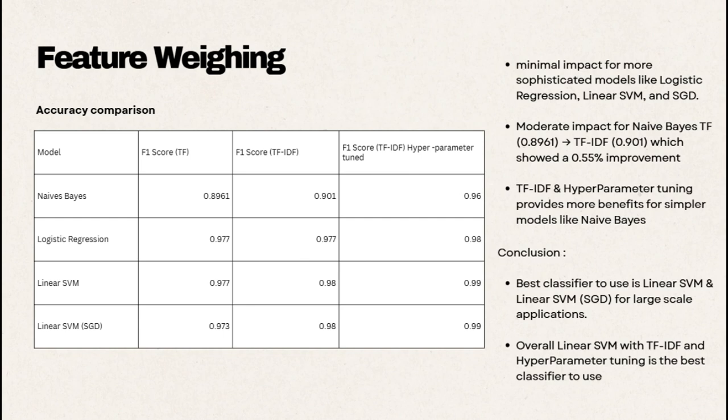And lastly, the hyperparameter tuning also provided more benefit for simpler models like naive Bayes. From this, the conclusion we can draw is that the best classifiers for large-scale applications are linear SVM and linear SVM SGD. However, overall, linear SVM with TF-IDF and hyperparameter tuning is the best classifier to use.